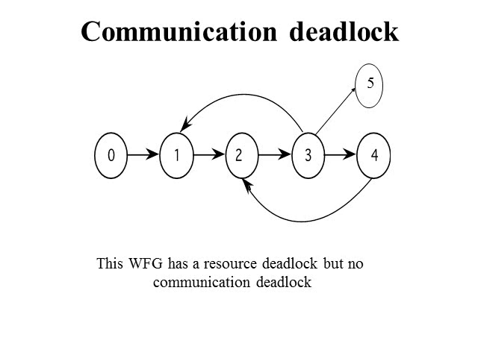Now let's look at a communication deadlock scenario. The figure given has a resource deadlock, but it does not have a communication deadlock. If you remember, a resource deadlock happens because a process is waiting on resources from a set of other processes, and it has to receive those resources from all the processes in order to proceed.